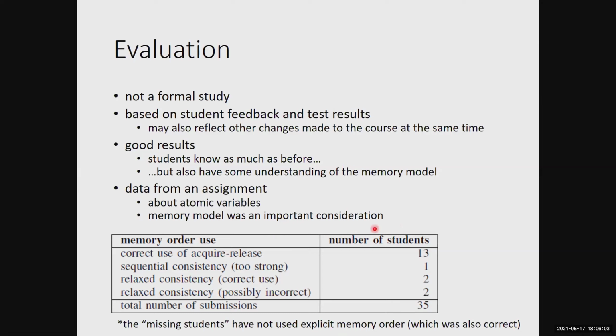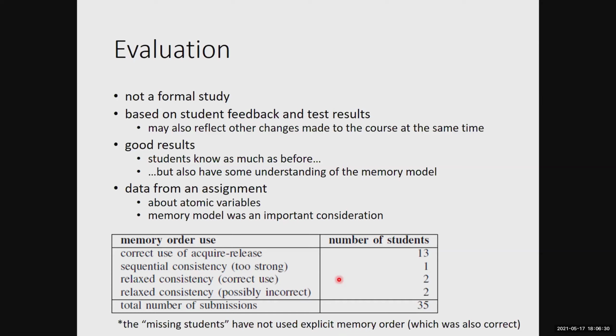And so what the students did, we had 35 students: 13 students used the acquire and release memory order for the atomic operations correctly. There was one student who specified sequential consistency, which is unnecessarily strong for the assignment, but it's also correct. And there were 2 students who correctly used relaxed consistency.